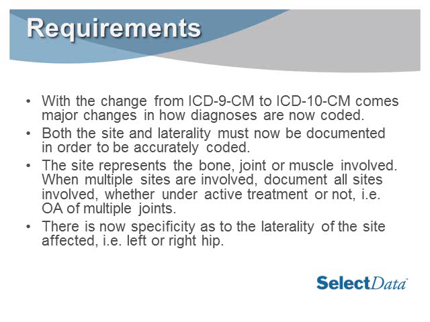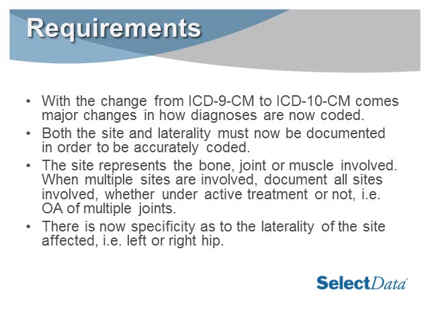For requirements, with the change from ICD-9 to ICD-10 comes major changes in how all diagnoses are coded. Both the site and laterality must now be documented in order to be accurately coded. Previously, we had no laterality, so this really is a nice addition. For musculoskeletal system, the site represents the bone, joint, or muscle involved.